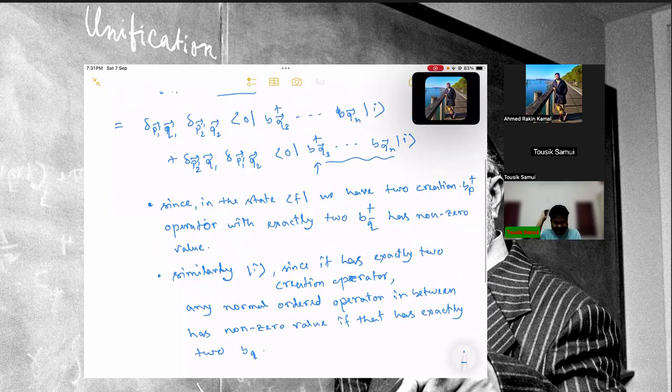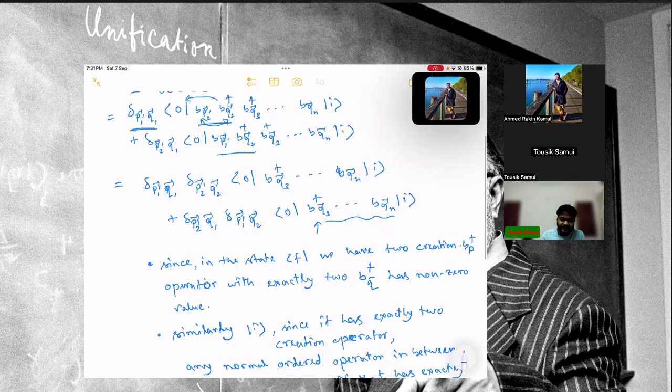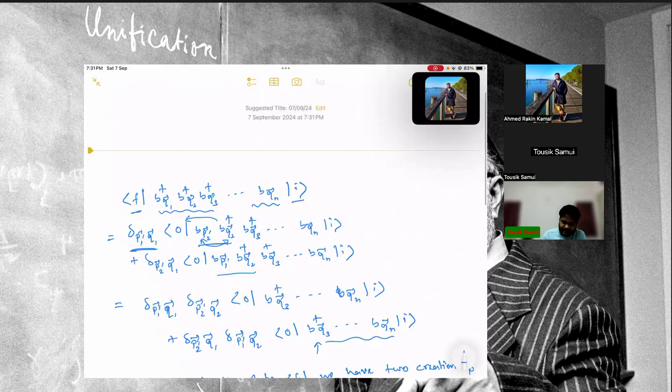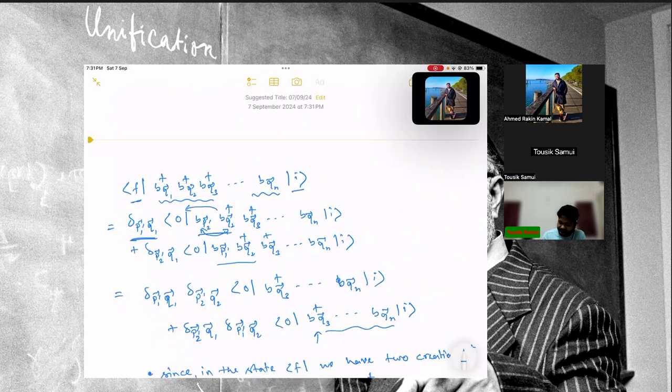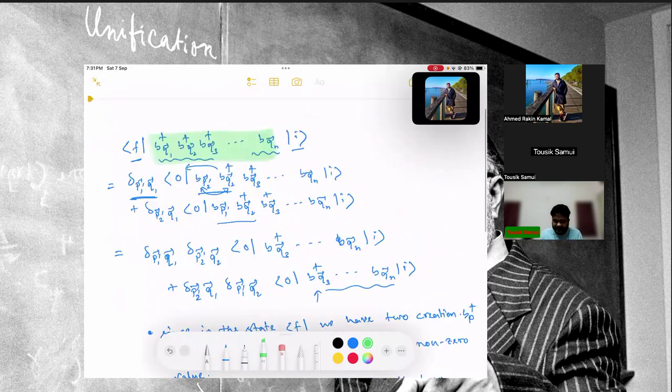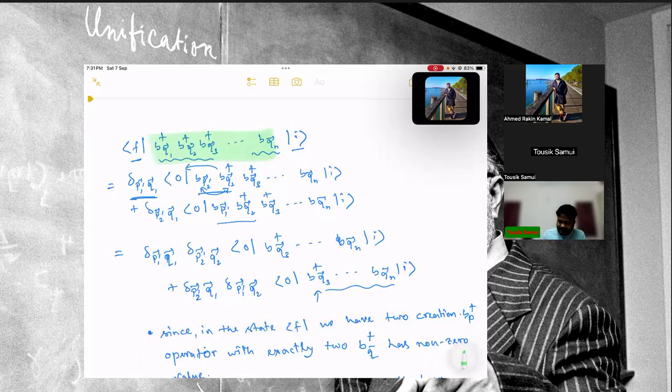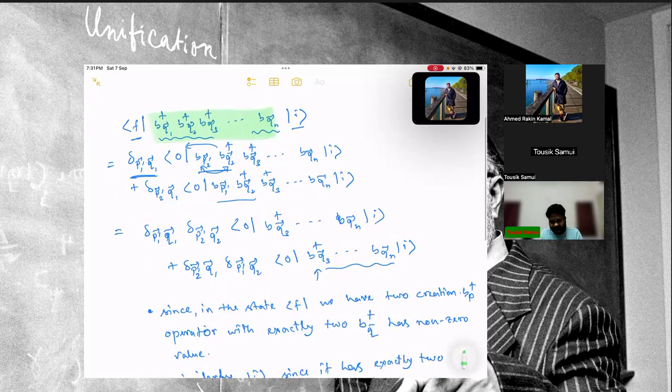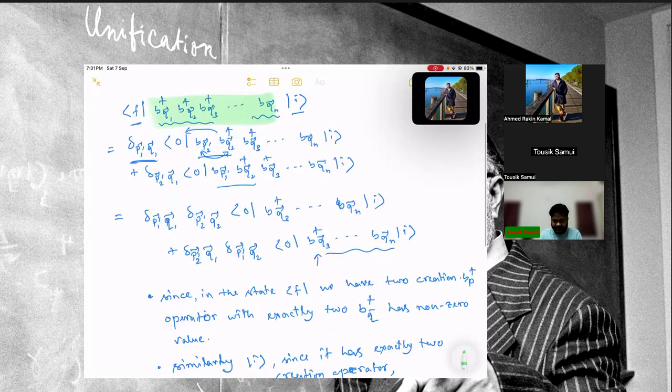That is an important thing that we notice: in this bunch of operators, since the initial state has two particles, so two creation operators, and the final state also has two creation operators, or in the bra state it's annihilation, the operators that survive in between should have exactly two creation operators and two annihilation operators.